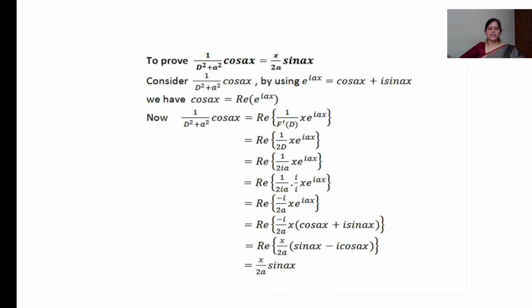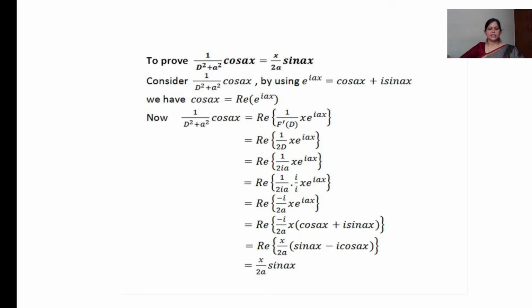So now we got the real part of 1 over f dash of D into x into e to the power iax. Now we are going to substitute the value of f dash of D. See, here f of D is D square plus a square. If you differentiate that, we get only 2D, as the second term becomes 0. So the real part of 1 over 2D into x into e to the power iax.